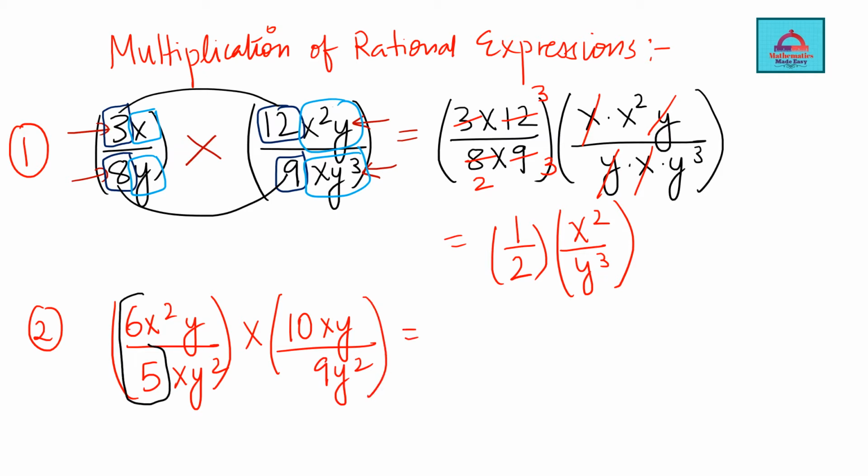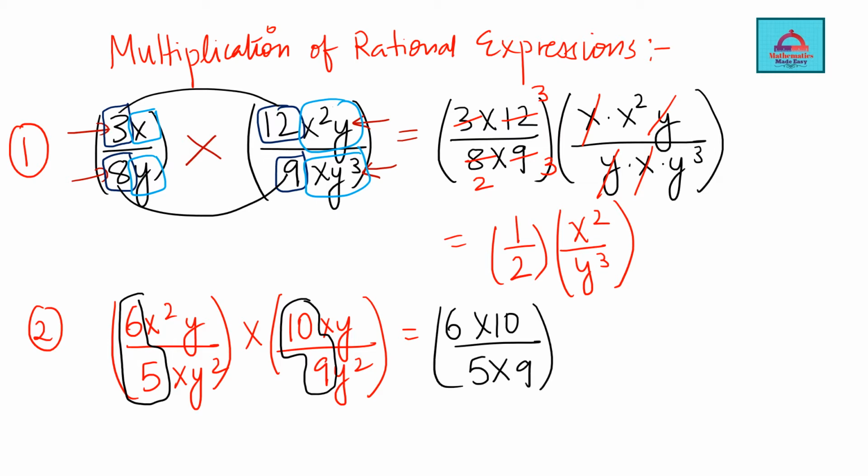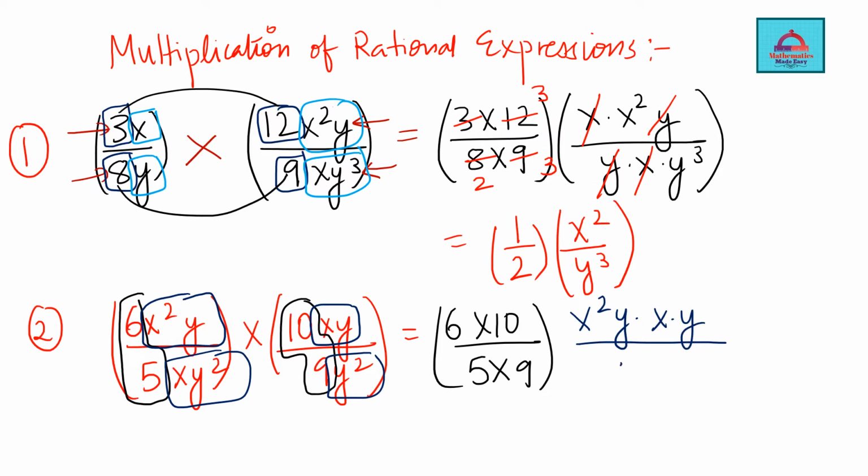We'll take the numbers together and we'll take the variables together. Numerator with numerator, denominator with denominator. Now I'm going to select x square y with xy, and xy square with y square. So x square y times xy over xy square times y square.